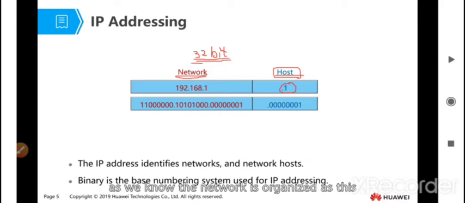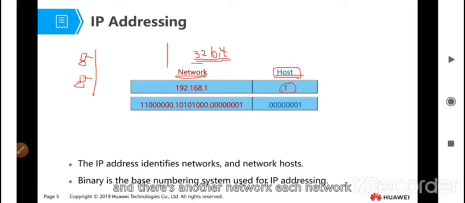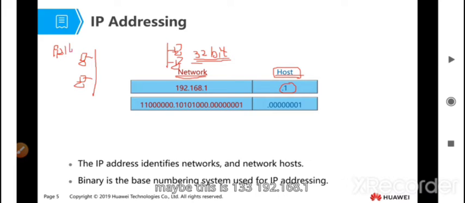As we know, the network is organized like this. There's one network, and there's another network. Each network must have a network number. Maybe this is 192.168.1, and this may be 192.168.2.